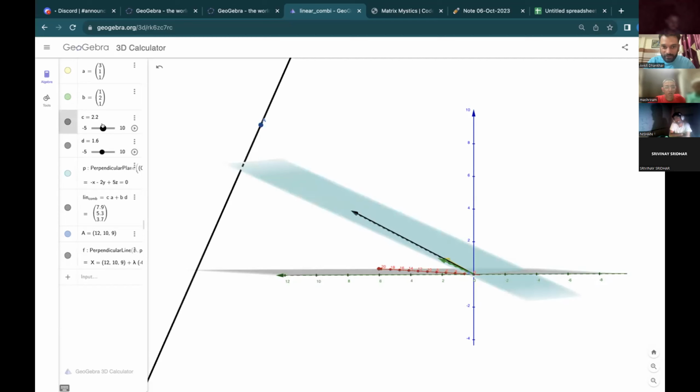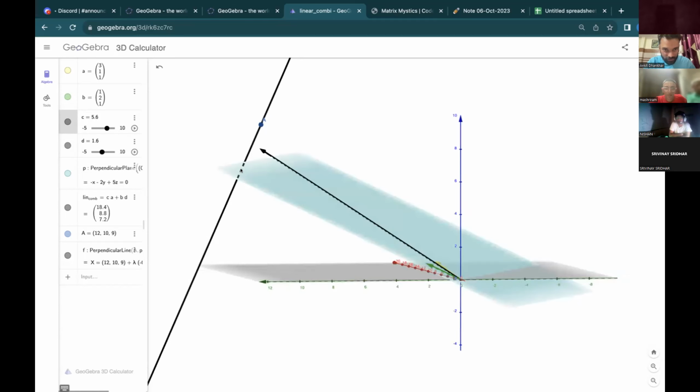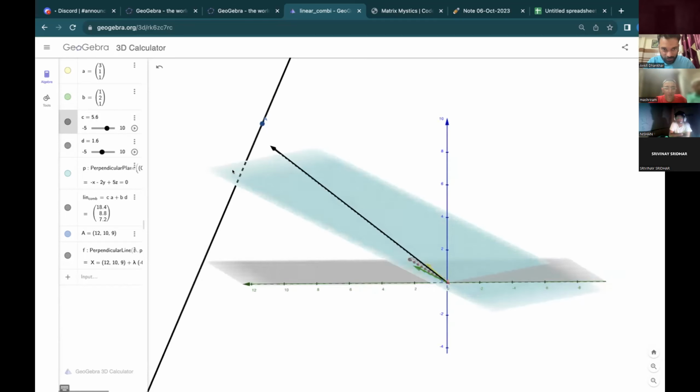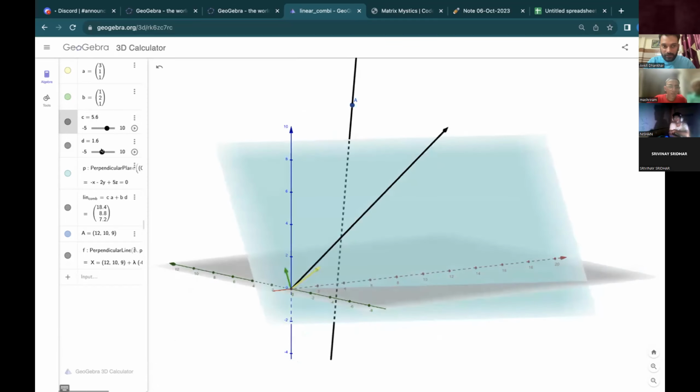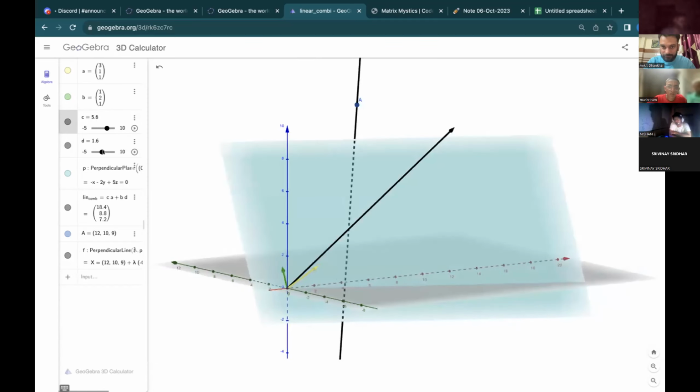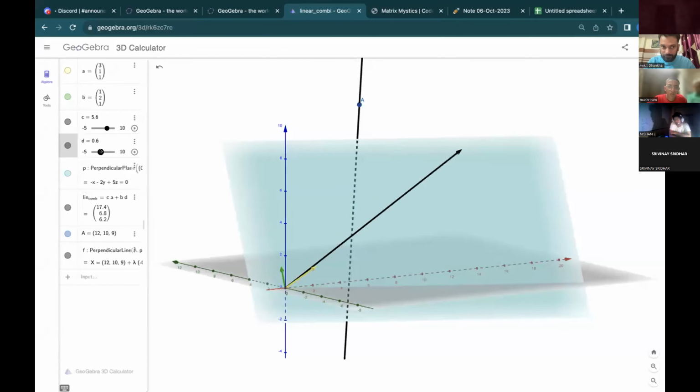So suitably adjusting, because we just saw that their linear combination can make us transfer to this plane anyway. If you suitably adjust C and D, we will reach this point, where a perpendicular intersects the plane.